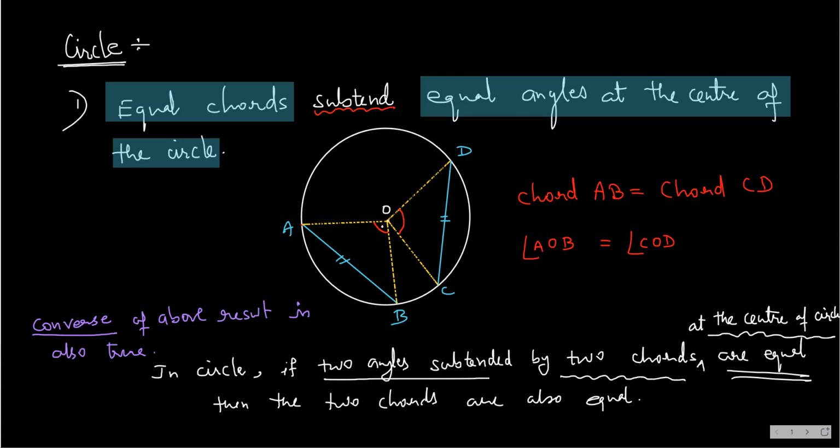In the first statement, you said the chords are equal, and because the chords are equal, the angle subtended by them at the center will be equal. Here you are saying that there are two angles subtended by two chords, and the angles happen to be equal, so the chords will be equal. I hope you followed it. You can copy this first.